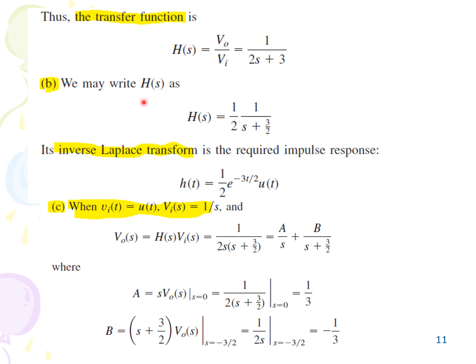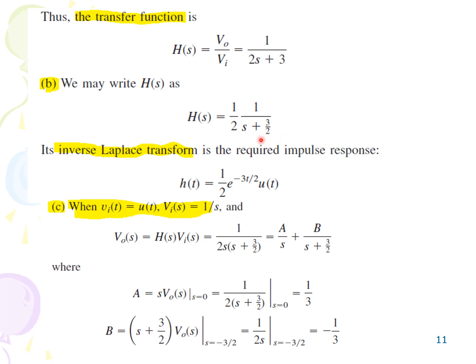Now we can also solve part B. In part B, the inverse Laplace transform should be applied in order to get the impulse response h(t). So H(s) can be written as 1 over 2 multiplied by 1 over s plus 3 over 2. Actually, we have taken 2 common from the denominator.